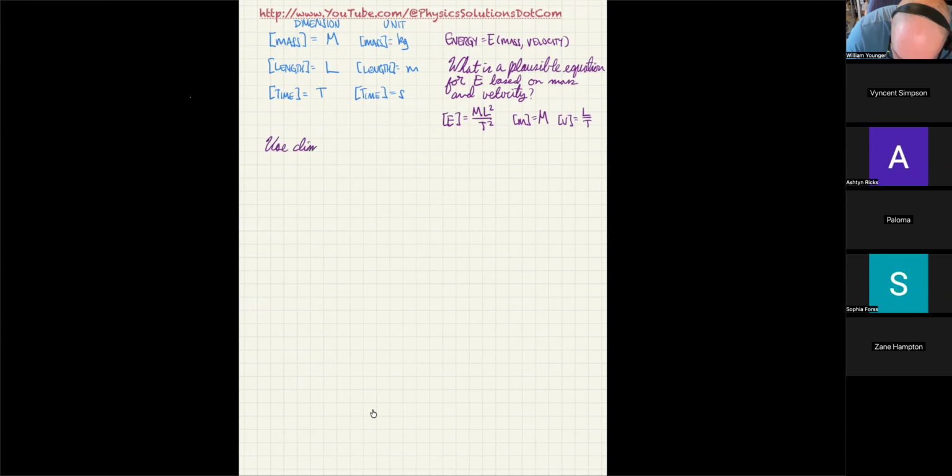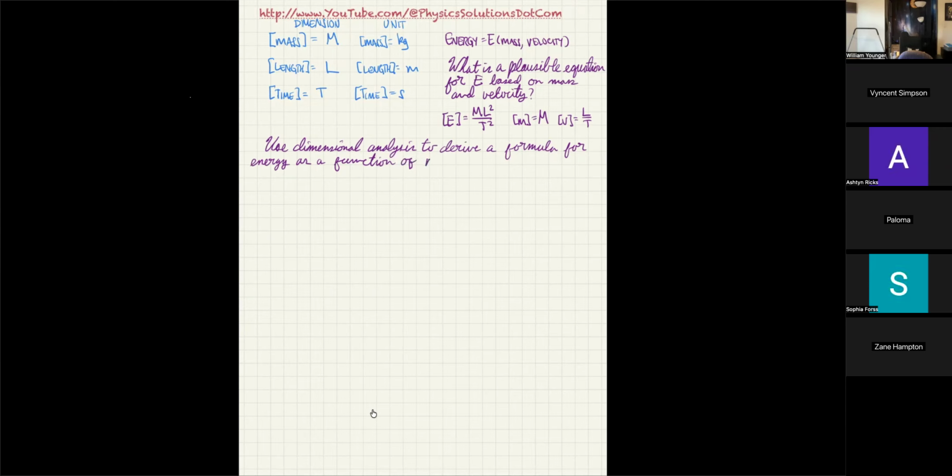Use dimensional analysis to derive a formula for energy as a function of mass m and velocity v.